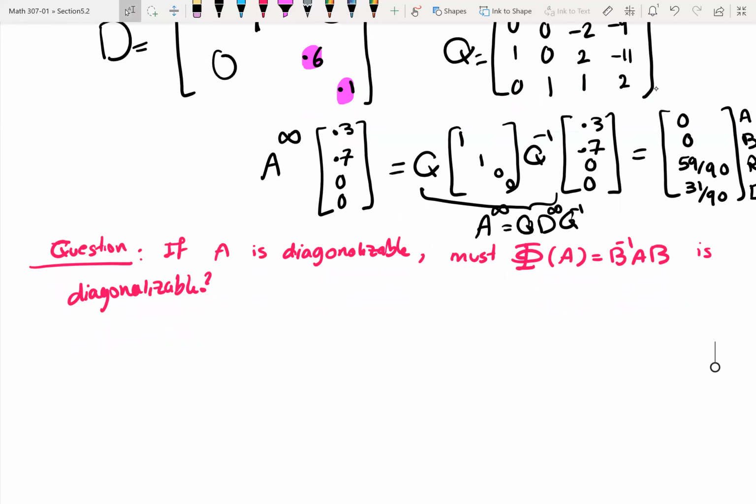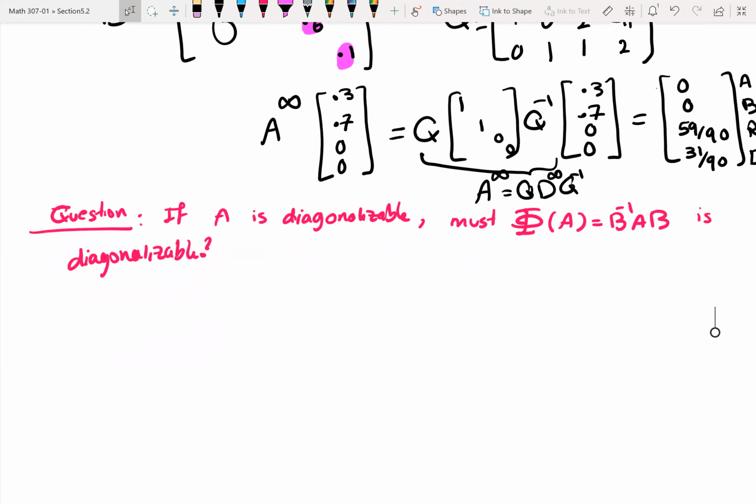I would like to say yes. It seems yes, because of the way this similarity follows the definition. But we can just write it down. So we say A is diagonalizable. What does it mean?